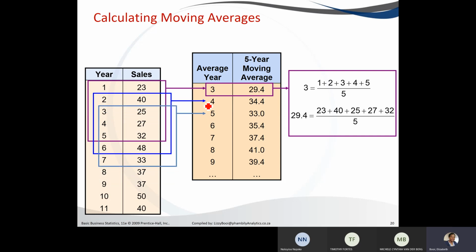And you continue doing the same. For the next 5, you take the average, it will give you 5, and then we take the sum of all of them, divide by 5, and that gives us 33.0. And you continue until you complete your moving average, and then you can plot your data.